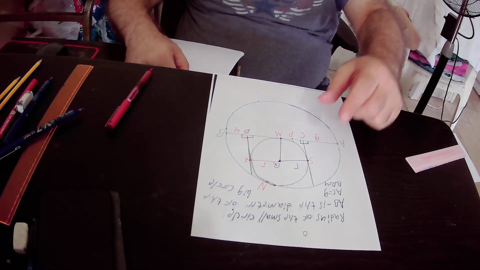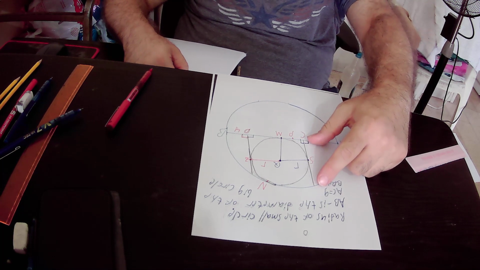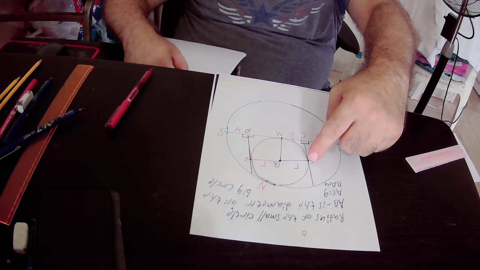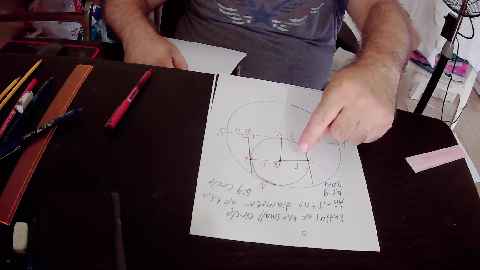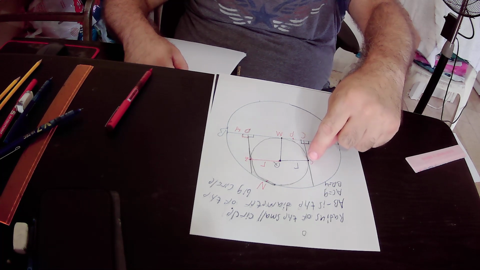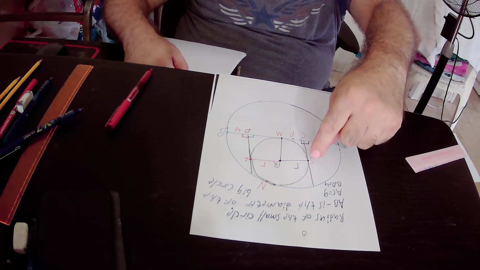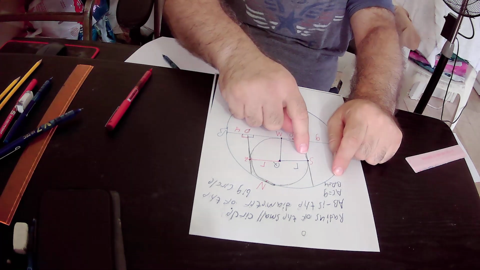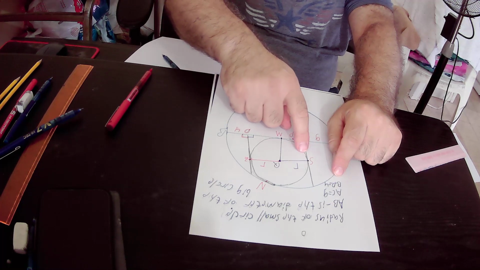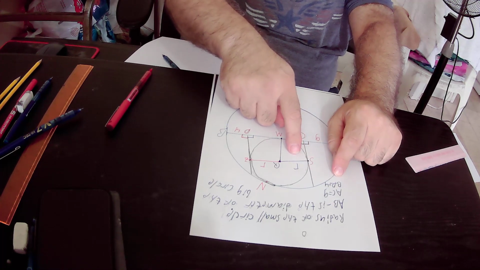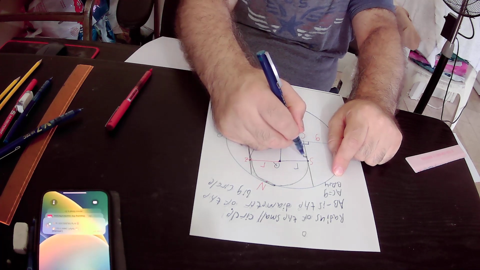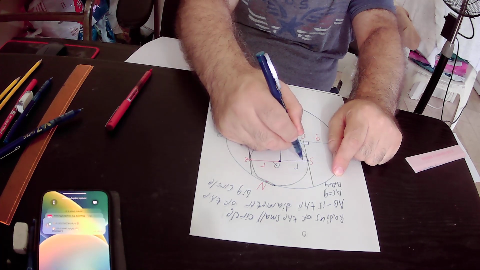So this tangent is perpendicular to the radius at the launch point. The radius is drawn to the launch point, that is to say, to point S, and for that reason the tangent is perpendicular to this radius. That is to say, this angle is a right angle. It equals 90 degrees.